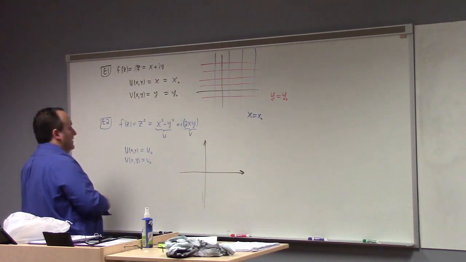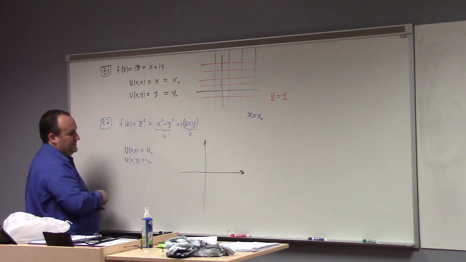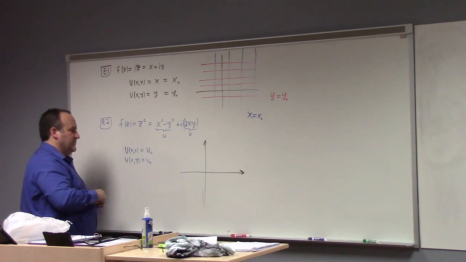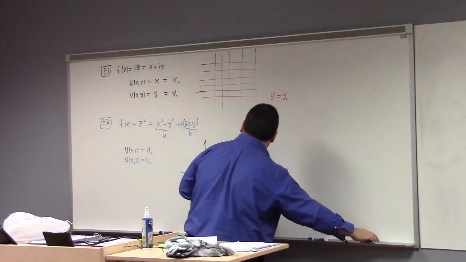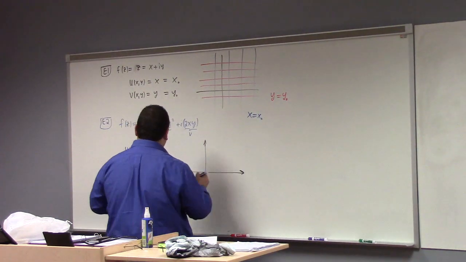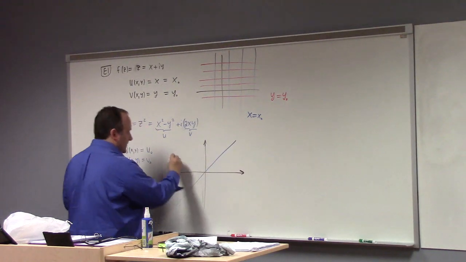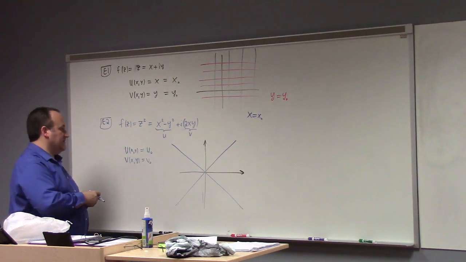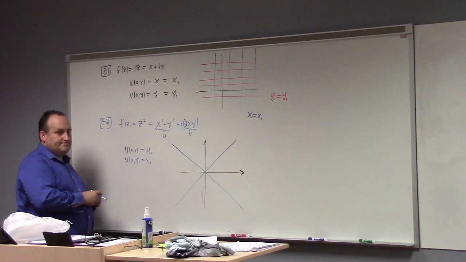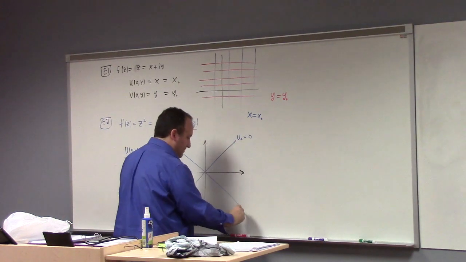So if you have x squared minus y squared equals u naught, if we put u naught equal to 0, we get y equals plus or minus x. So here's u naught equals 0.